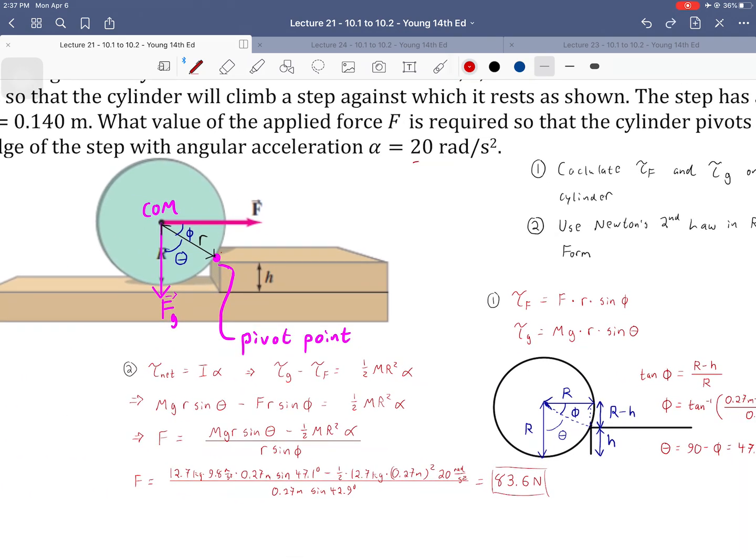Because I say it pivots about the edge of the step with the angular acceleration, and I give you that. I really should have in the problem defined it as negative because I wanted to go up the step. But then these would both be negative values because it's a negative angular acceleration, right? It's going up the step in the clockwise direction, okay? Because that'd be a rotation this way, and that is the negative theta direction, okay?